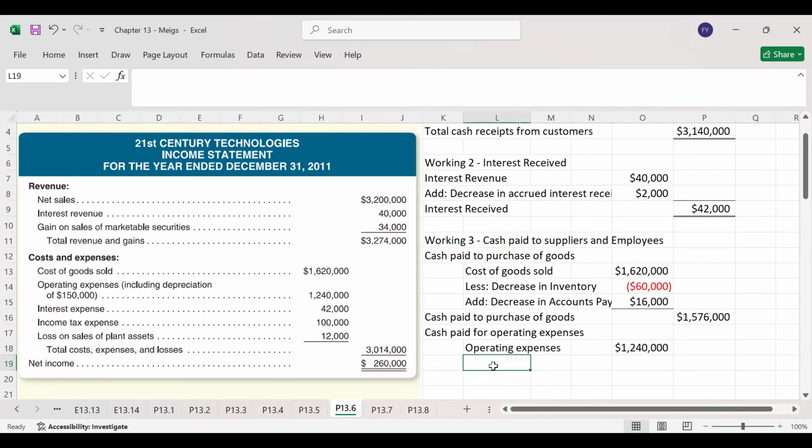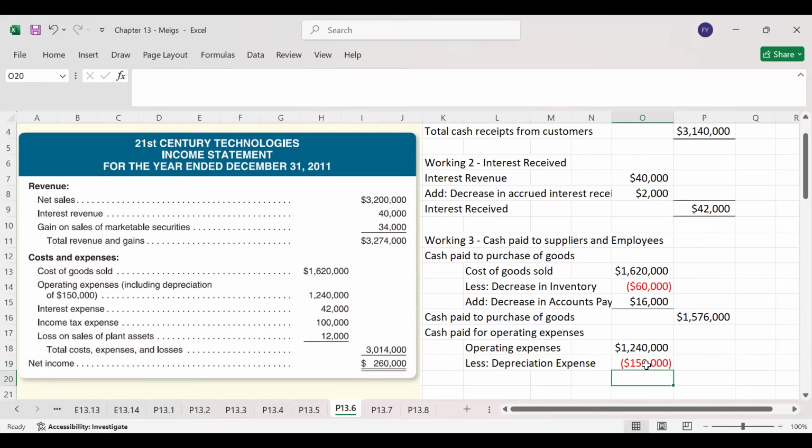So we are going to deduct depreciation expense, which is $150,000. Depreciation is a non-cash expense. So depreciation expense, you can see, is $150,000, so minus $150,000.